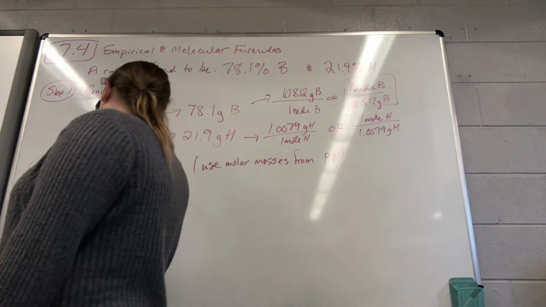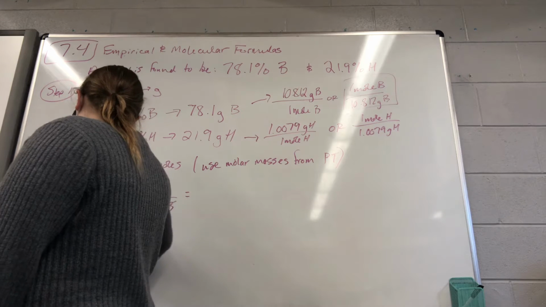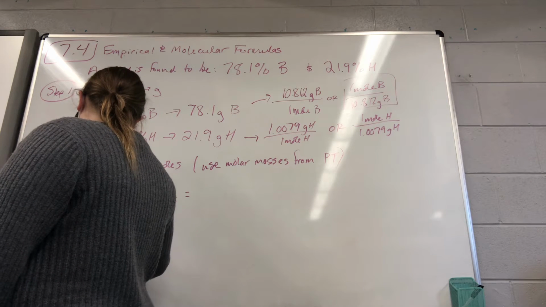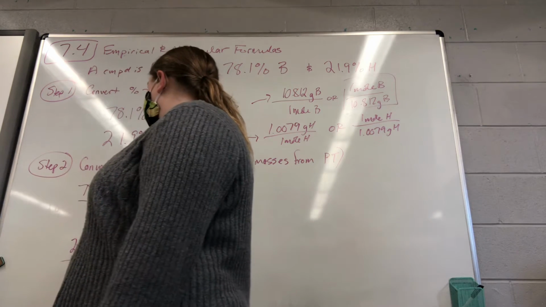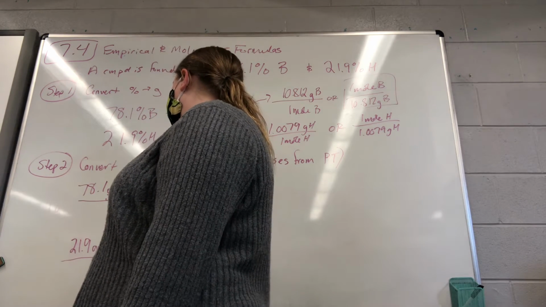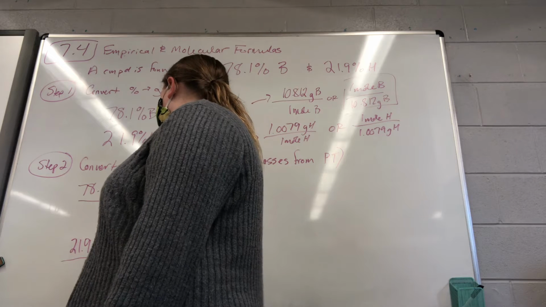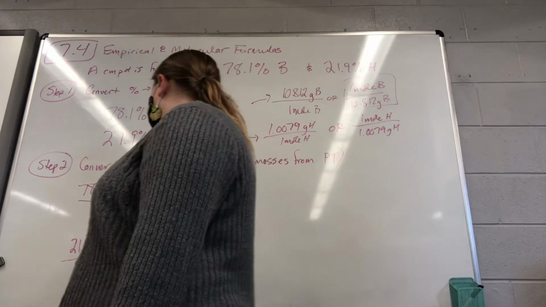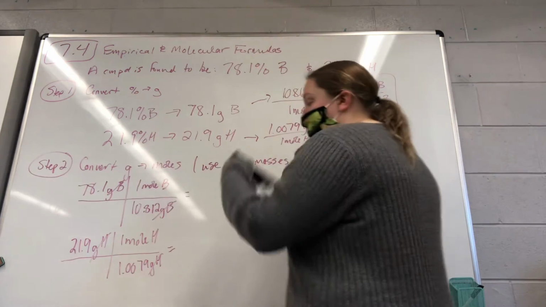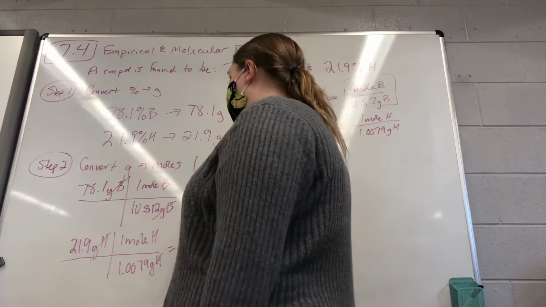For the hydrogen, I'm going to do the same thing. I'm going to put the mole on the top. Going to multiply across. Divide by what's on the bottom.